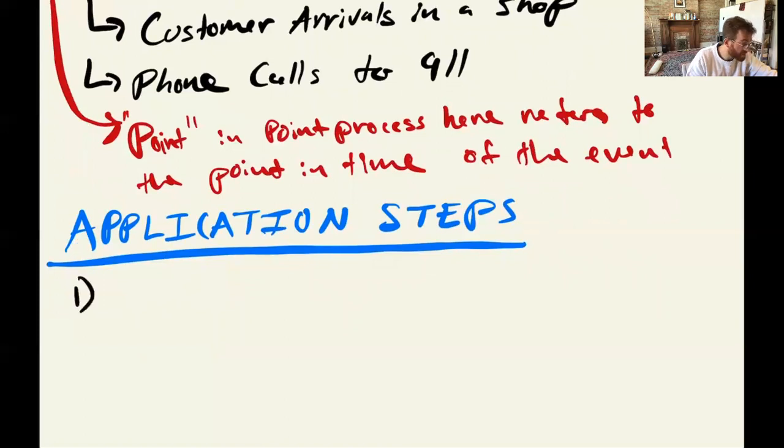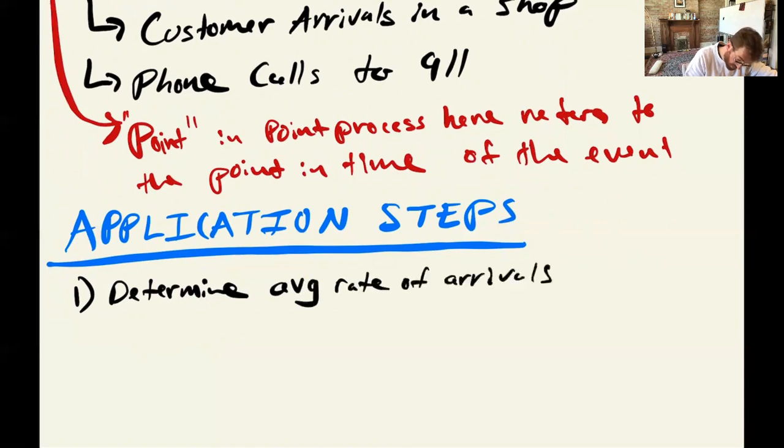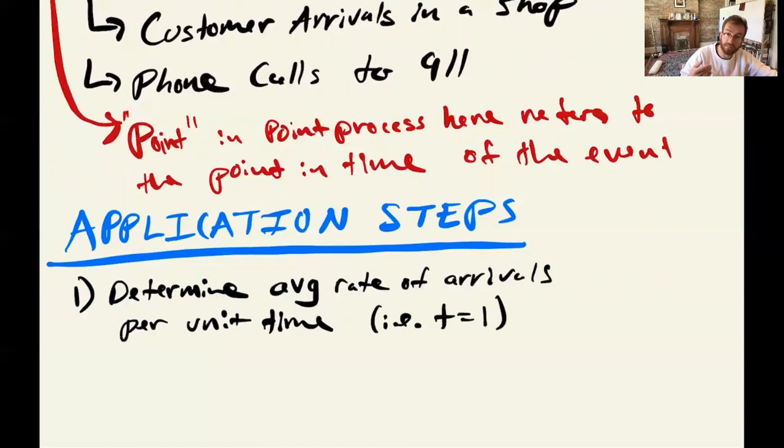So one is this idea that we need to determine the average rate of arrivals per unit time, i.e. when t equals 1. That's our unit. Like it could be an hour or a day. It'll be given to you in the problem. This is going to be our lambda.